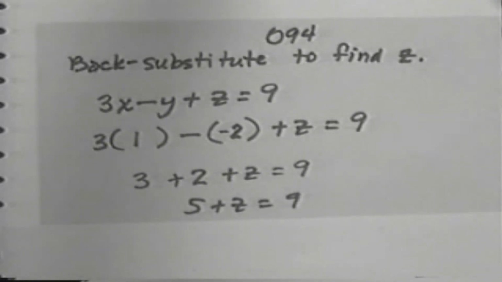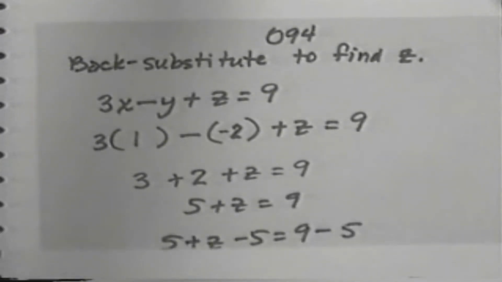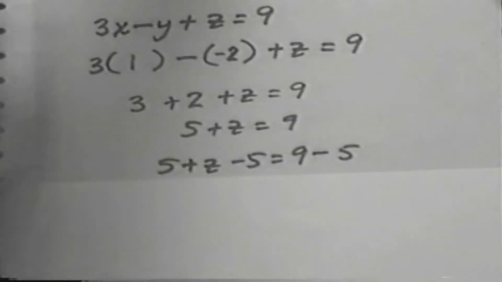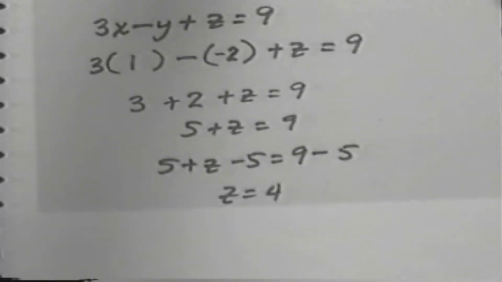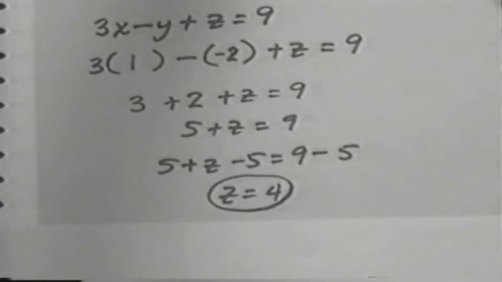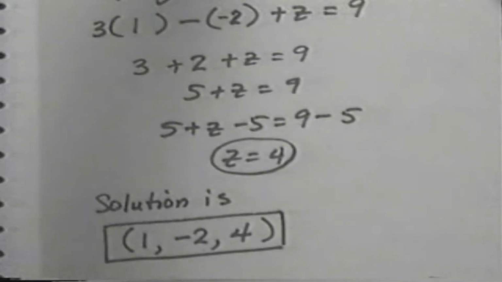To get z by itself, all we must do is remove the 5 from the left by subtracting 5 from both sides. We get 5 plus z subtract 5 equals 9 subtract 5. And that gives us z equals 4. And so our z value of 4 has been obtained, and the solution is the ordered triple 1, -2, 4.